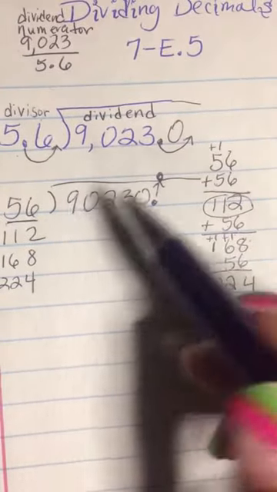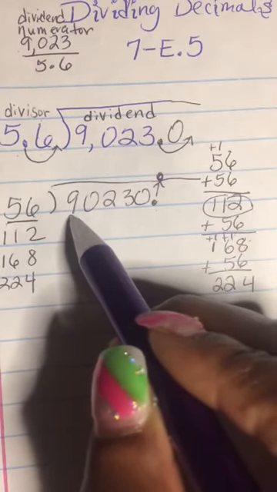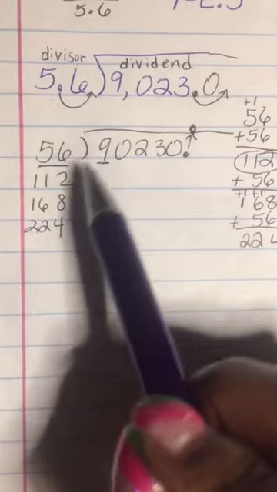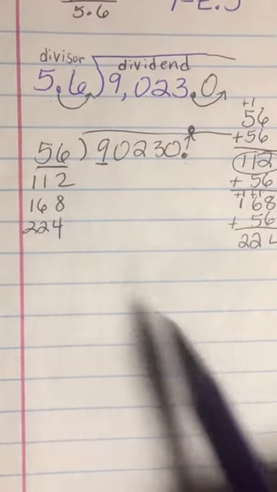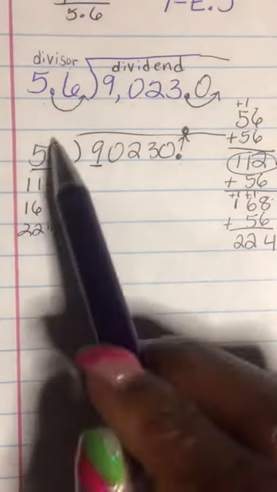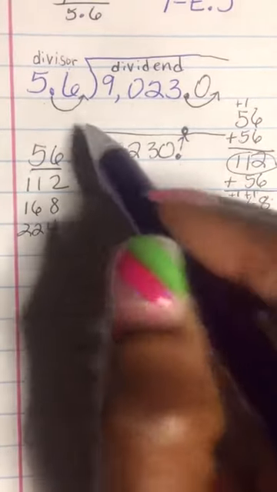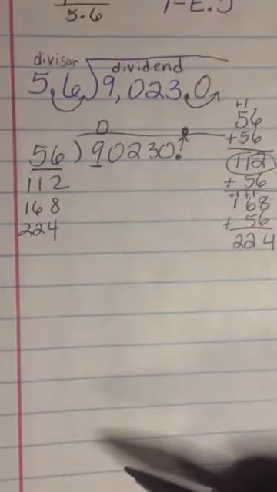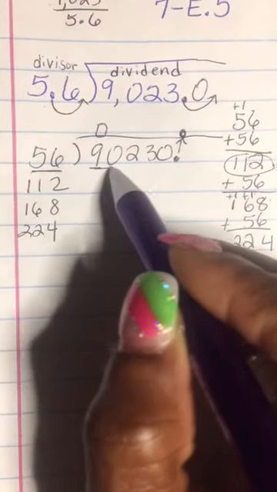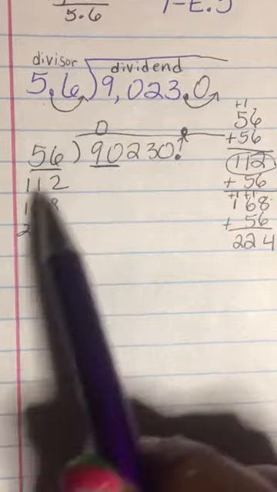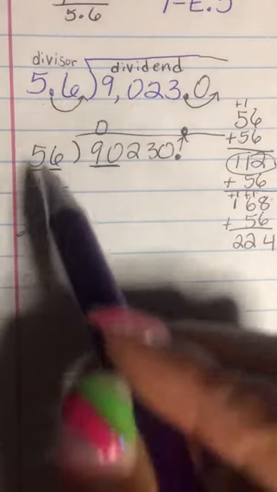Now the first step is to look at the 9. Do you see the number 9 in the 56 times table or the multiples of 56? No, we don't. So I'm going to put a 0 above 9. I don't see the number 9. What about the number 90? Which one of these numbers is closest to 90 without going over 90?